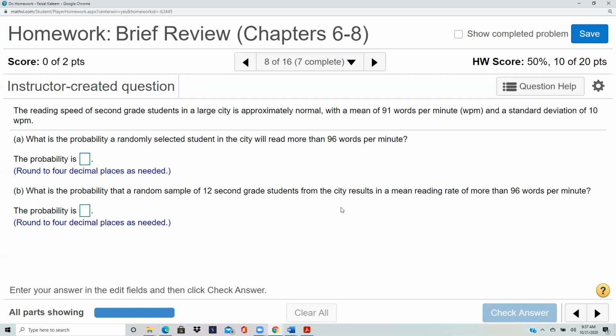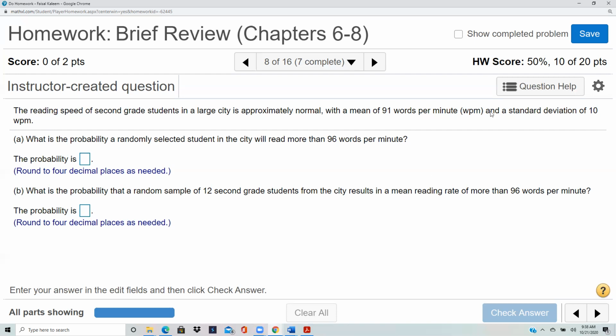Okay, it's 12 here. So yeah, and A isn't. So how do we do A? A is just talking about one student. We would just plug it in with the mean, standard deviation, and then. Right. So A is kind of the regular stuff that we mostly do, right?